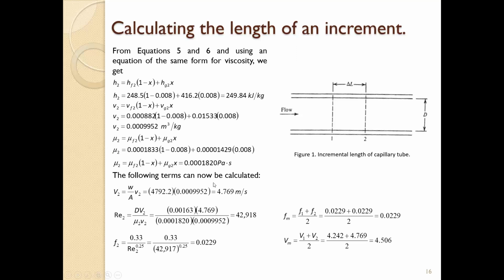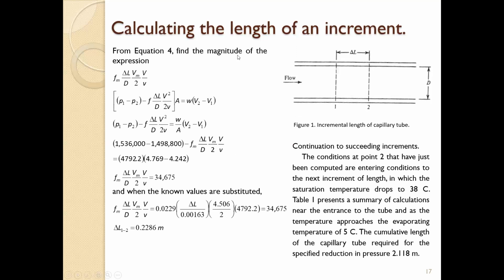So you can see the calculations. Then fm is equal to f1 plus f2 over 2, which is 0.0229 plus 0.0229 over 2, or 0.0229. And vm is the average of v1 and v2, 4.242 plus 4.769 over 2, which is 4.506.